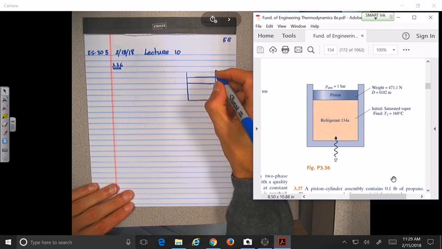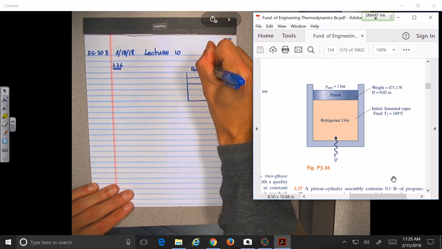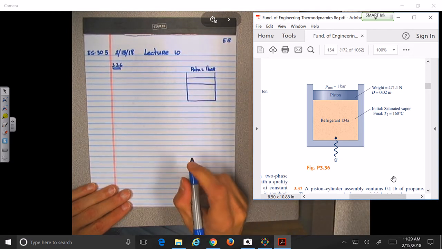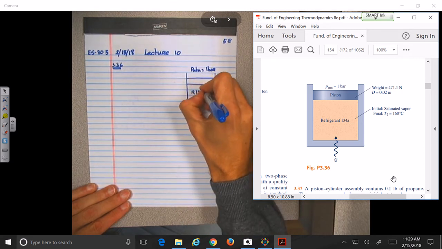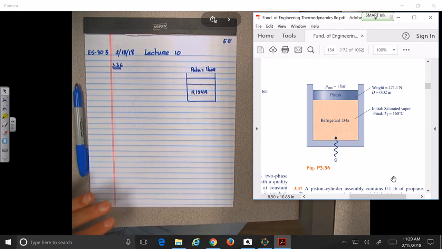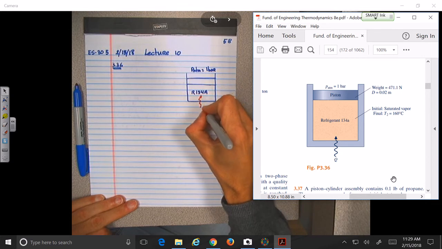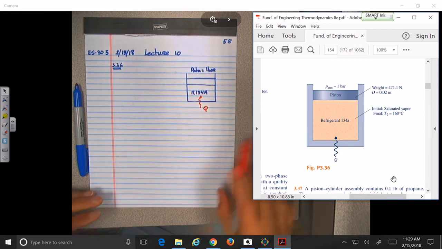The atmospheric pressure is 1 bar. We know the substance is refrigerant 134A. There is heat being applied.